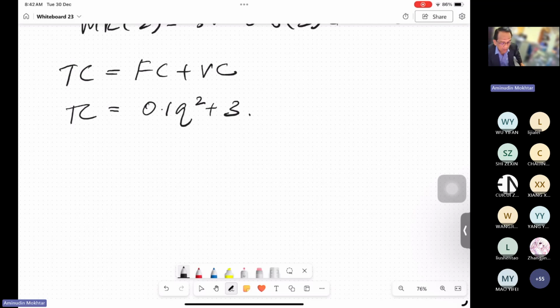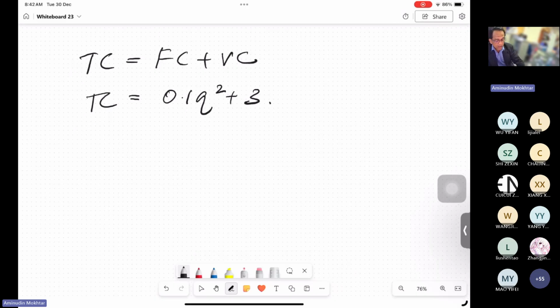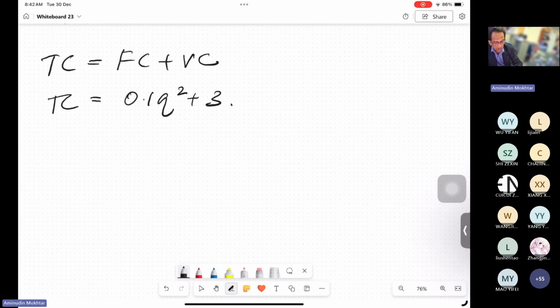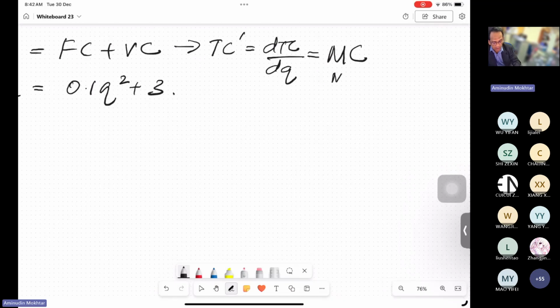Before that, since we have the TC, total cost, the first derivative of TC, TC prime, or dTC/dQ, equals MC. What is MC? MC is the marginal cost.